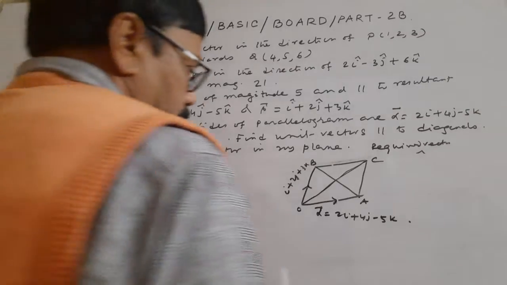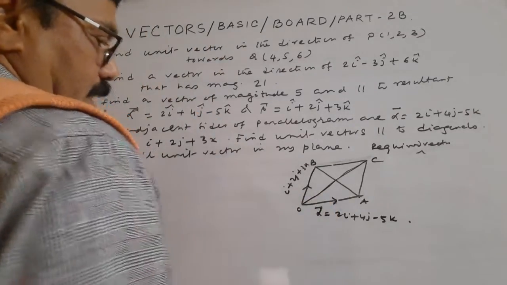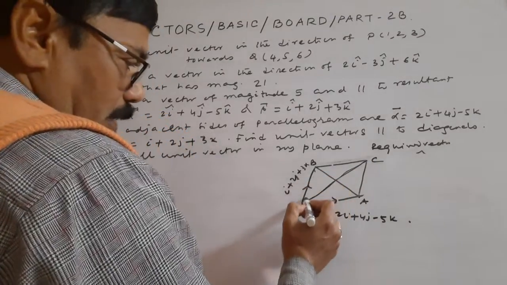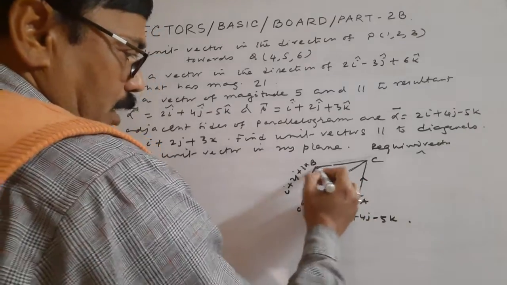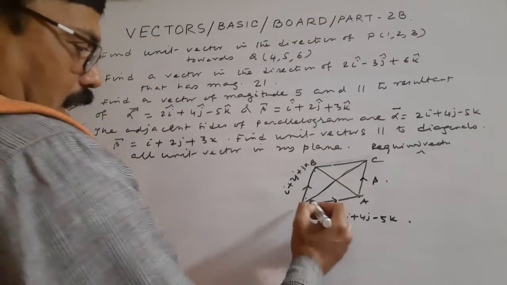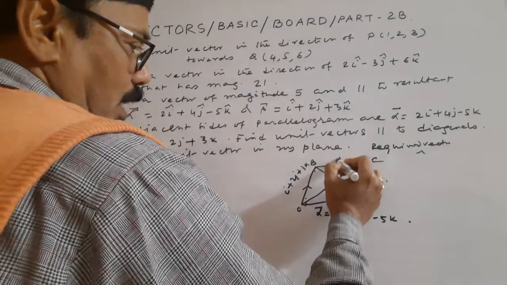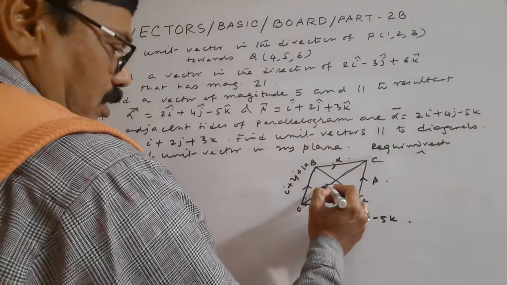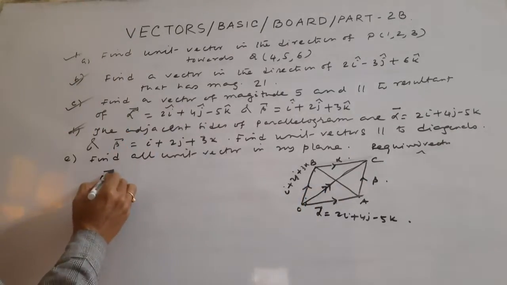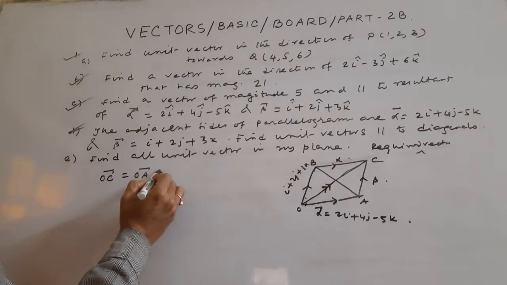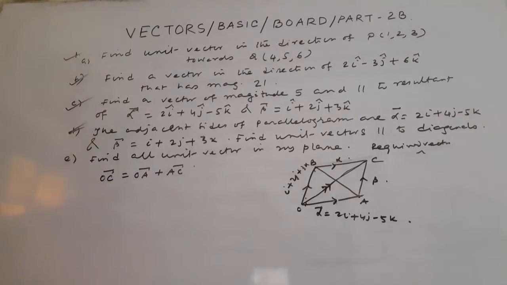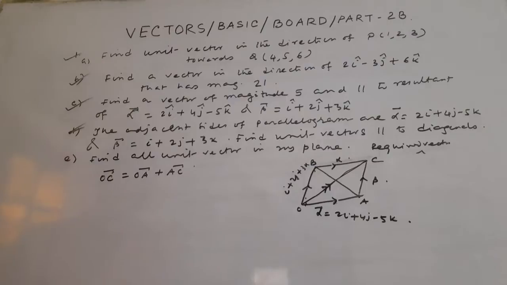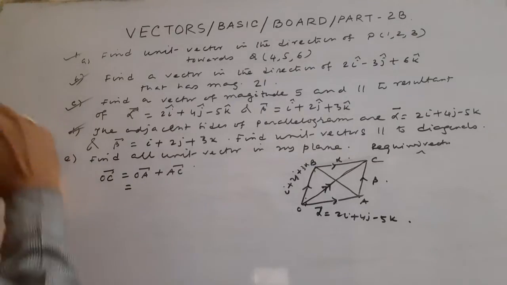Now, these are two adjacent sides. Now, OC is the diagonal. So from the definition of equal vectors, OB equals BC equals beta, and OA equals BC equals alpha. Now, what is the diagonal OC vector? From the figure, OC is OA plus AC.